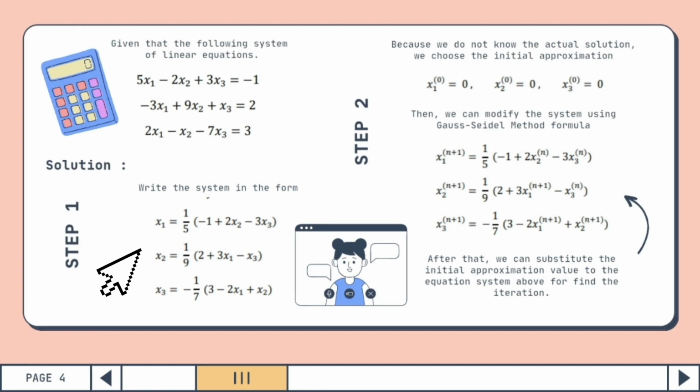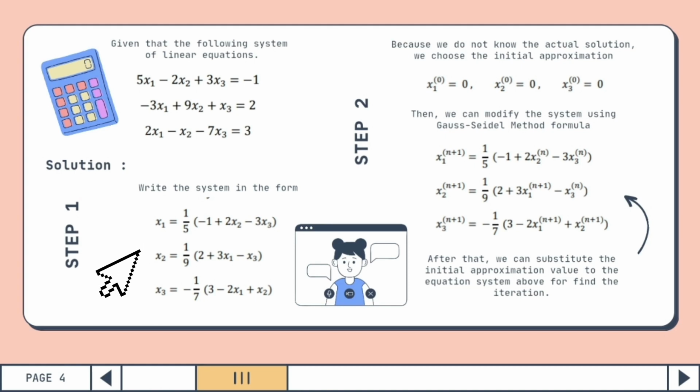So from the first equation, we get x1 equal to 1/5 multiplied by (negative 1 plus 2x2 minus 3x3). From the second equation, we get x2 equal to 1/9 multiplied by (2 plus 3x1 minus x3). And from the last equation, we get x3 equal to negative 1/7 multiplied by (3 minus 2x1 plus x2).